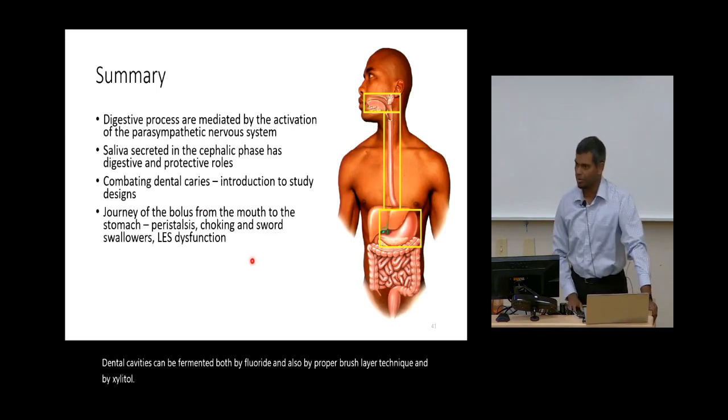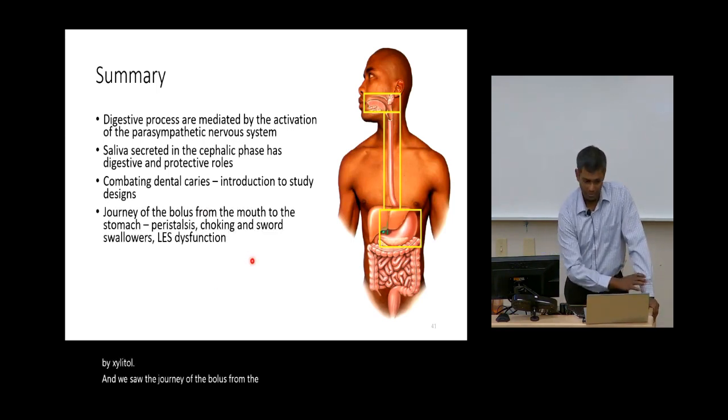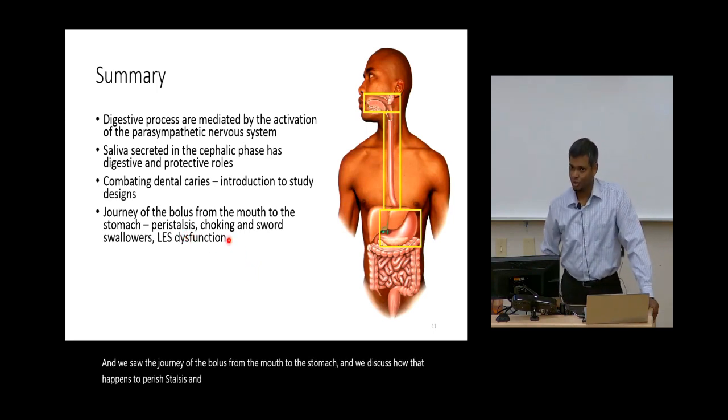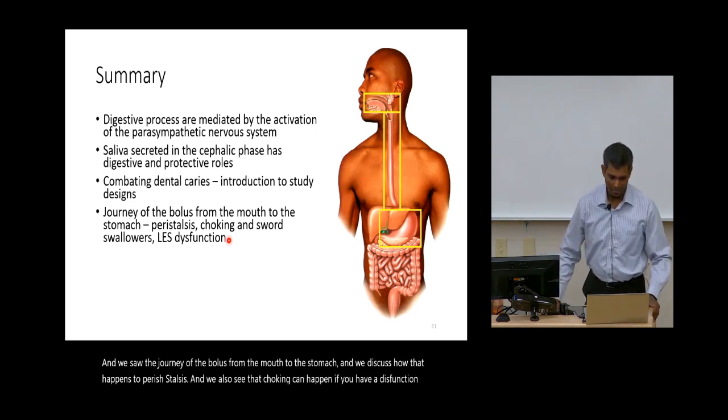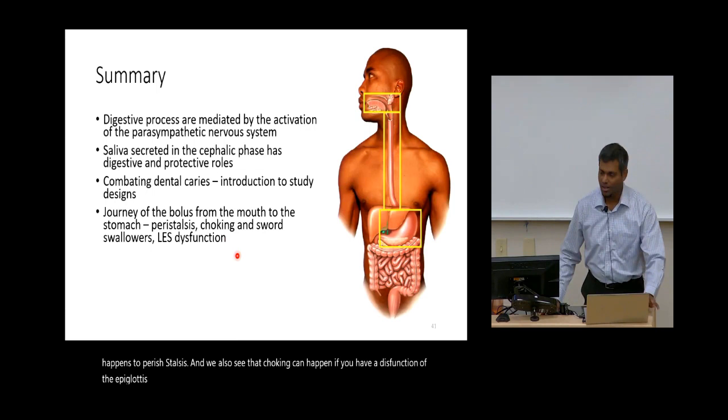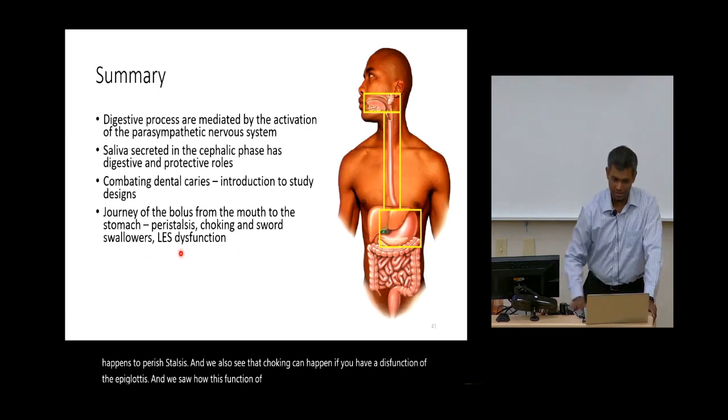And we saw the journey of the bolus from the mouth to the stomach, and we discussed how that happens through peristalsis. And we also see that choking can happen if you have a dysfunction of the epiglottis, and we saw how a dysfunction of the lower esophageal sphincter can lead to acid reflux.